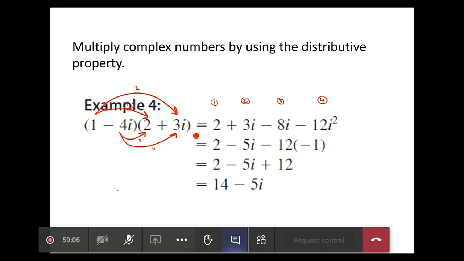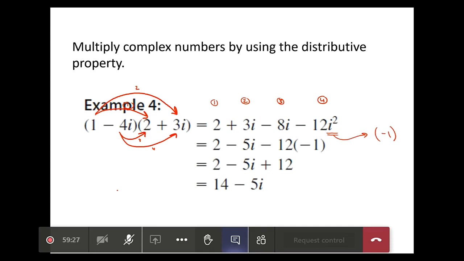i multiply i gives i square. This is very important. We need to find i square, because from where does i square come? From i multiply i. So i square equals what? This equals negative 1.